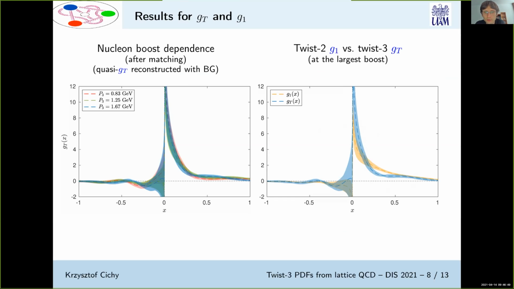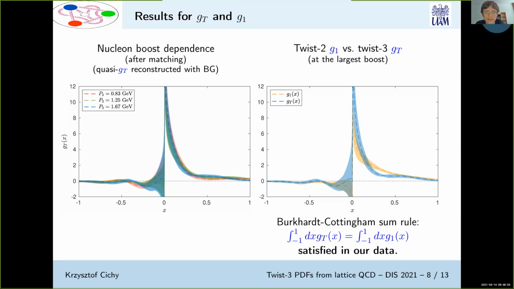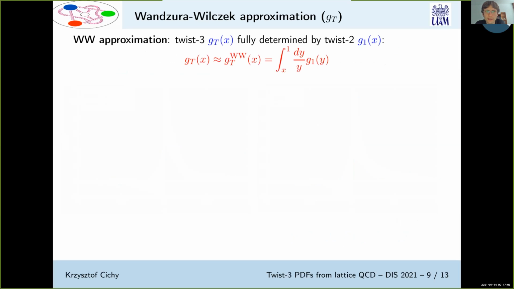As Shohini was announcing, we also checked whether the Burkhardt-Cottingham sum rule is satisfied. Indeed, this is satisfied in our data. The norm of GT is the same as the norm of G1 up to our uncertainties. We also checked the Wandzura-Wilczek approximation, which states that the GT of x is fully determined by the twist 2 G1 of x, defining the function GT WW, which is an integral over only the twist 2 G1.